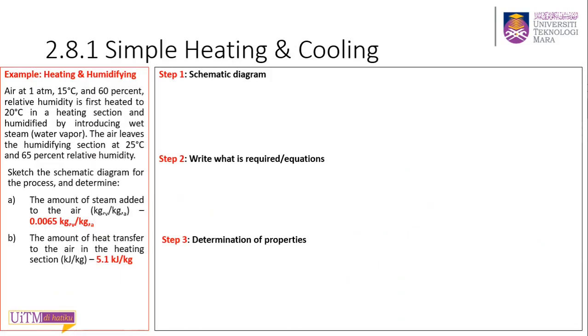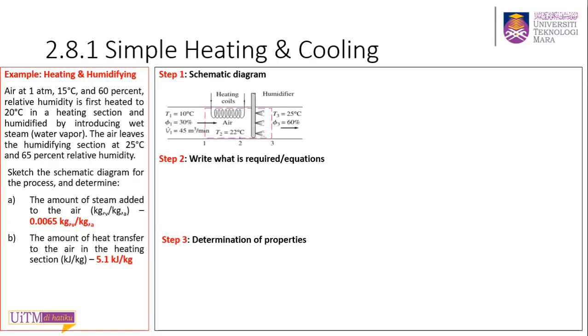Now, for the second example, you can pause the video to read and understand the question properly. For step 1, please try to draw and label the schematic diagram for the air conditioning process. Again, before we try to solve the question, we must first ask whether we should use the equations or the psychometric chart to find the properties of air.